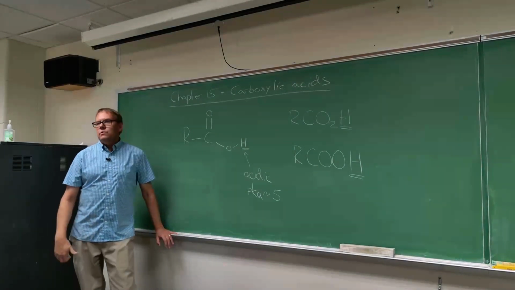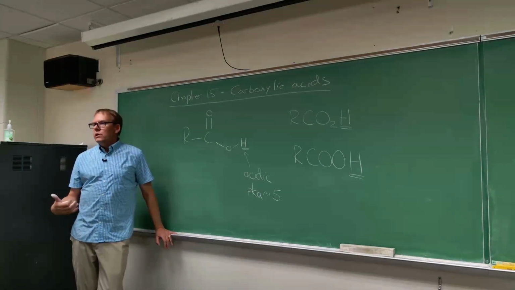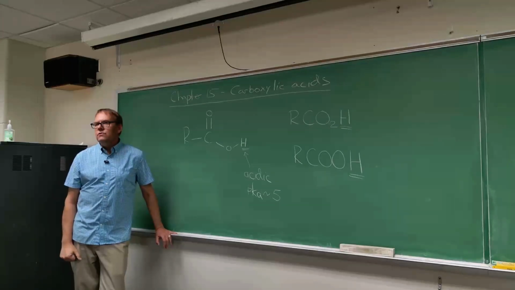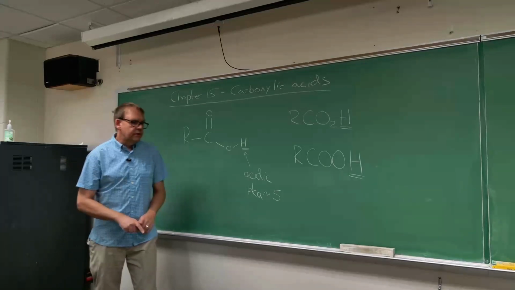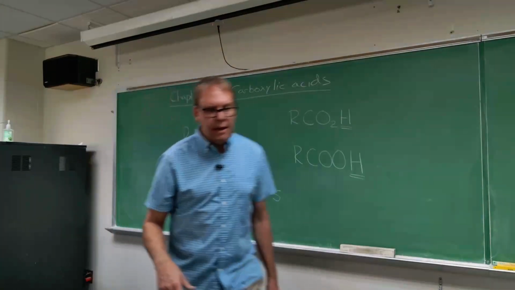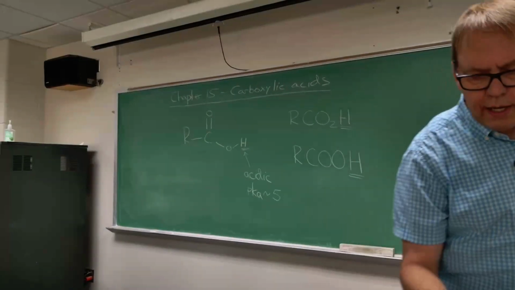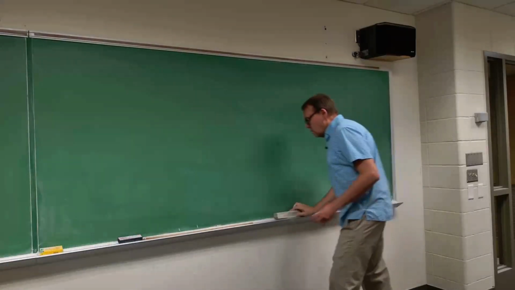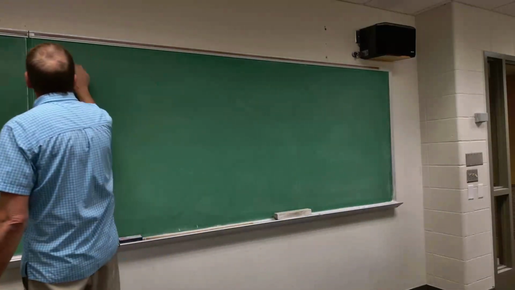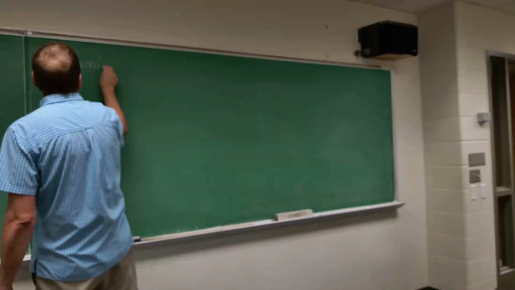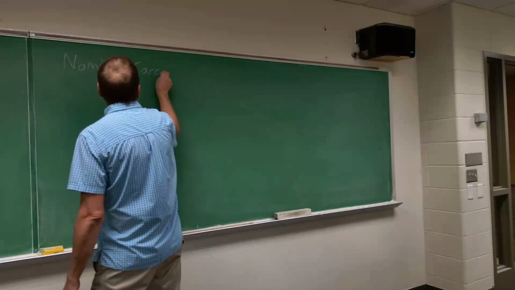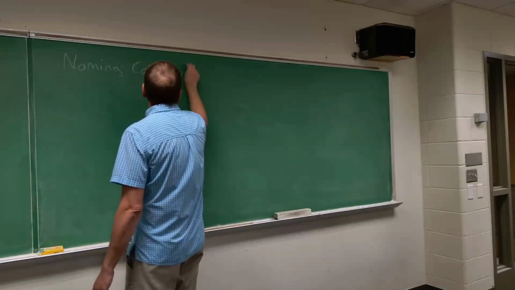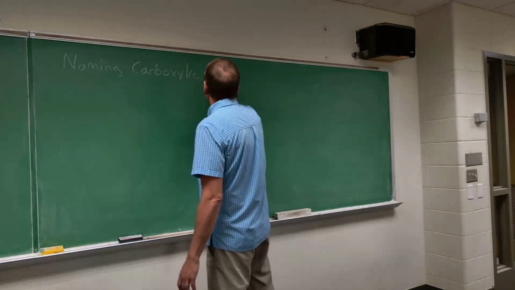So we're going to look at basic nomenclature for carboxylic acids. Nothing too fancy, nothing real difficult, but just getting you started on naming these things. It's pretty easy. As far as functional groups go, carboxylic acids are one of the easier ones to name.